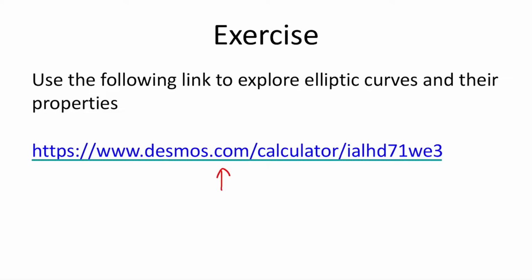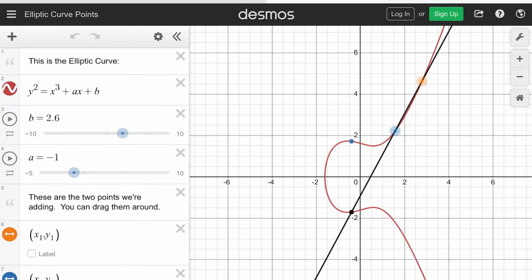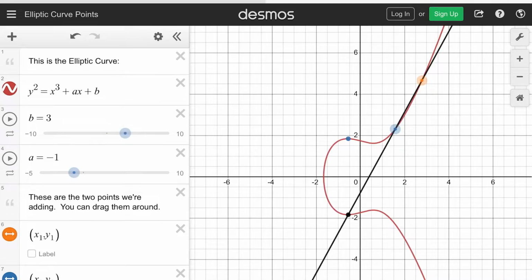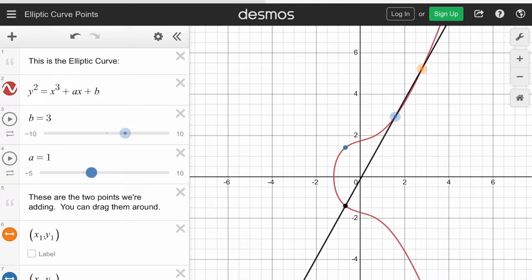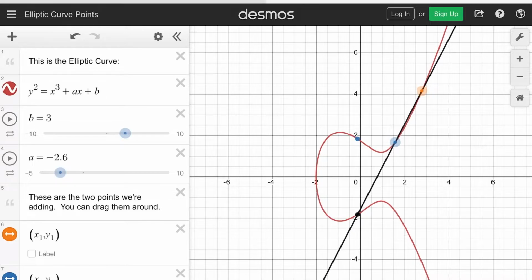Now pause here and use this calculator at this link to explore elliptic curves for various values of the constants a and b and notice their properties. So if you open this link, you'll get something like this. If I change the values of b or a, you will see that I get different shapes of my resulting elliptic curve.